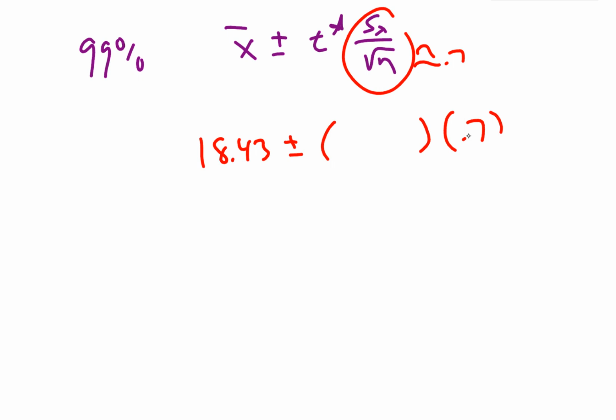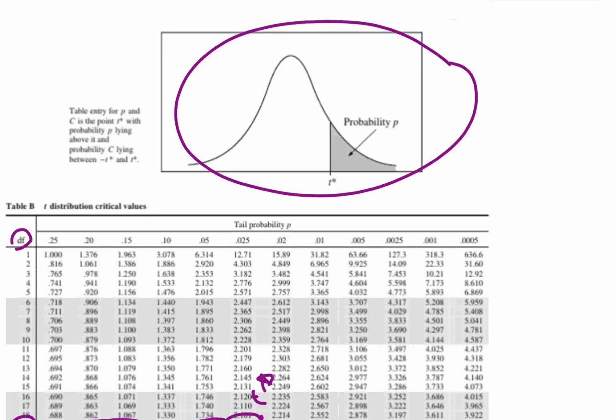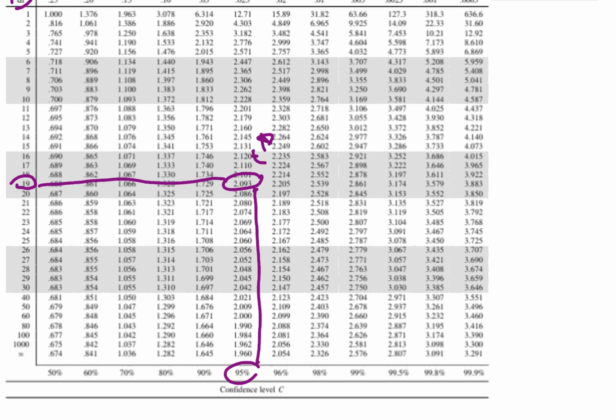So what you do is, since it's a 99% confidence interval, you go to that chart. You still have the same degrees of freedom of 19, but then you've got to go across to the 99% column. So you go a little bit further here, and you end up with a different t star. In this case, it's 2.861.